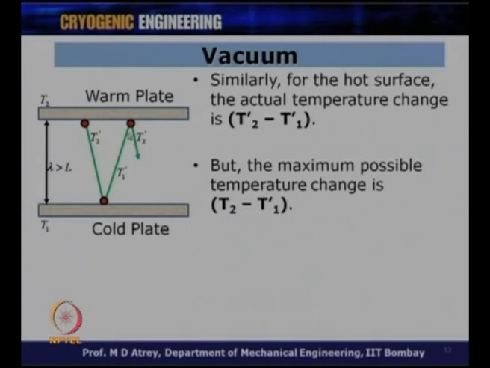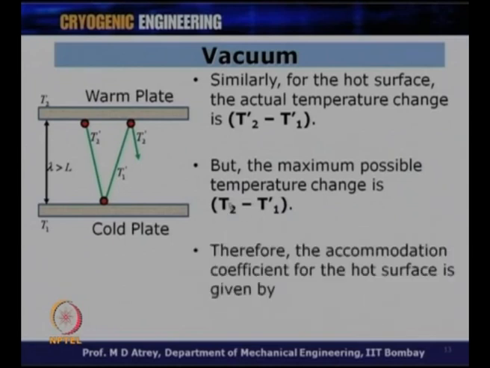So, the maximum possible temperature change could have been T2 minus T1 dash. This is the denominator. Therefore, the accommodation coefficient for the warm plate maintained at T2 temperature is A2, equal to T2 dash minus T1 dash divided by T2 minus T1 dash.